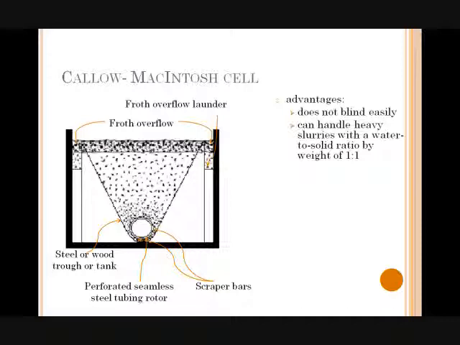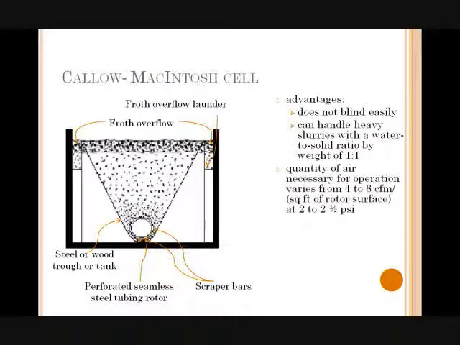This machine does not blind easily and can handle heavy slurries with a water-to-solid ratio by weight of 1:1. The quantity of air necessary for operation varies from 4 to 8 cubic feet per minute per square foot of rotor surface at 2 to 2.5 psi. A 1/2 horsepower motor is generally capable of turning the rotor at 10 to 15 rpm.